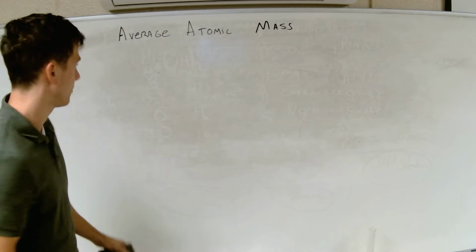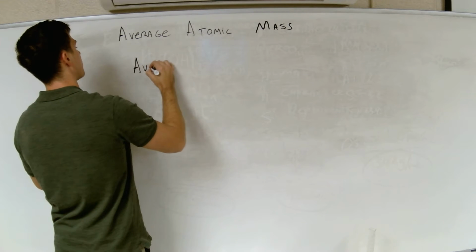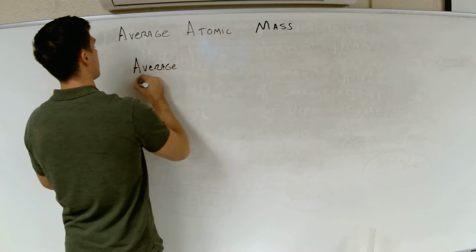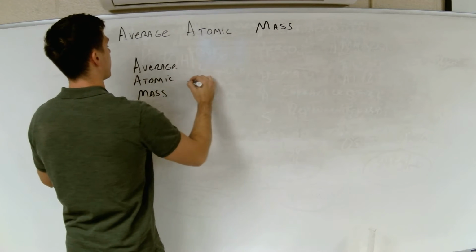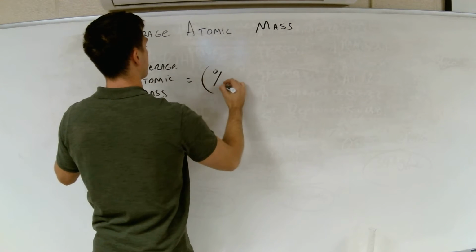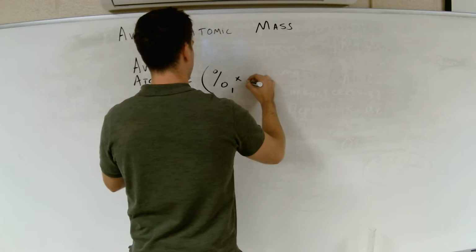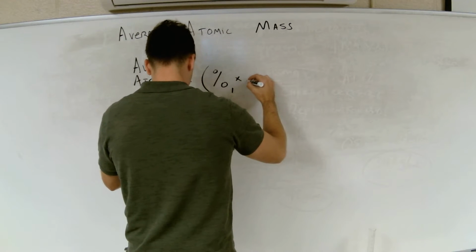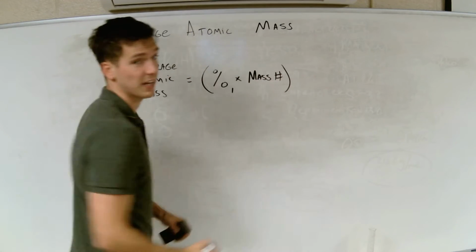The formula we use to get the average atomic mass is: we take the percent abundance of isotope 1 times the mass number of isotope 1.